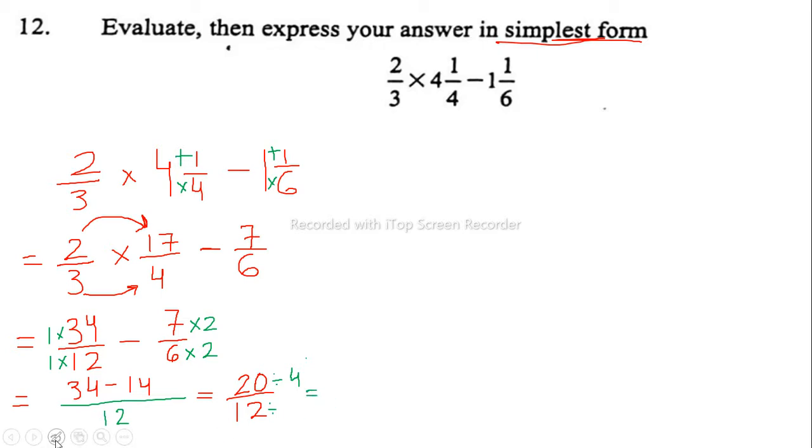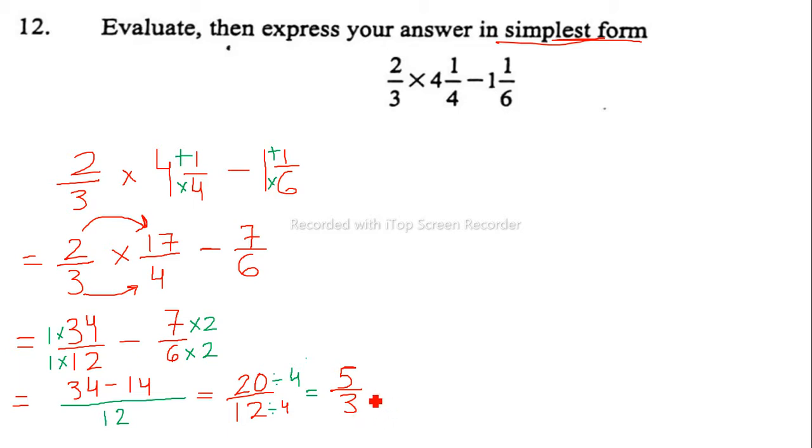What is 20 divided by 4? 5. And what is 12 divided by 4? 3. So we are left with 5 over 3.